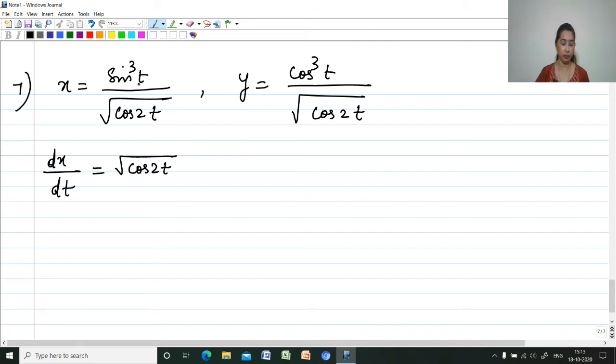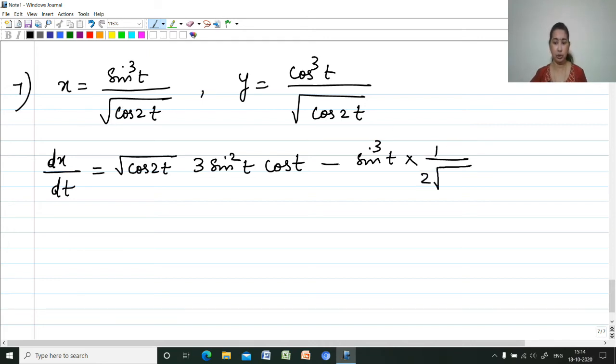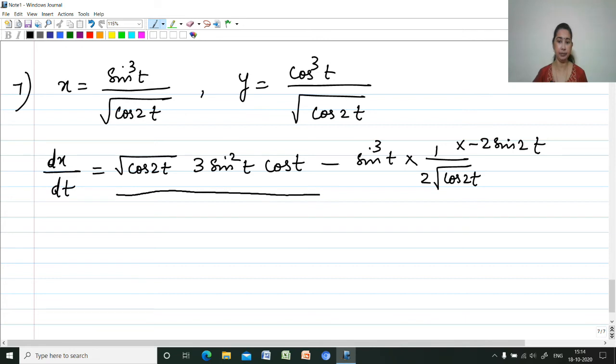What is the derivative of numerator? 3 into sin square t into derivative of sin t is cos t, minus numerator, that is sin cube t, into derivative of the denominator. Derivative of root of cos 2t is 1 by 2 root of cos 2t into derivative of cos 2t is minus 2 sin 2t, whole divided by denominator square, that is cos 2t.